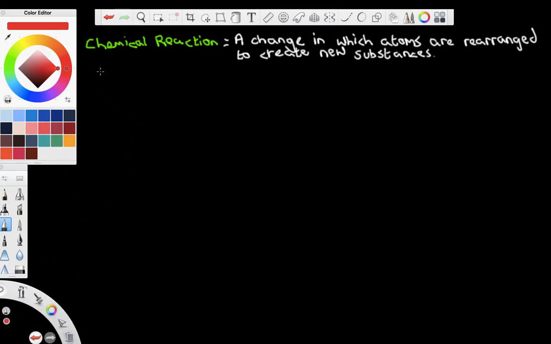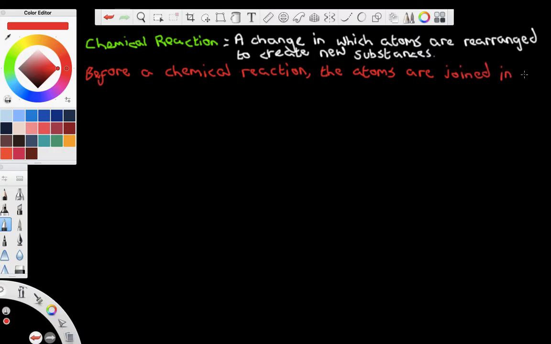So we can say, and I'm going to put it in red, we can say that before a chemical reaction, the atoms are joined in one way but are joined differently after the reaction.